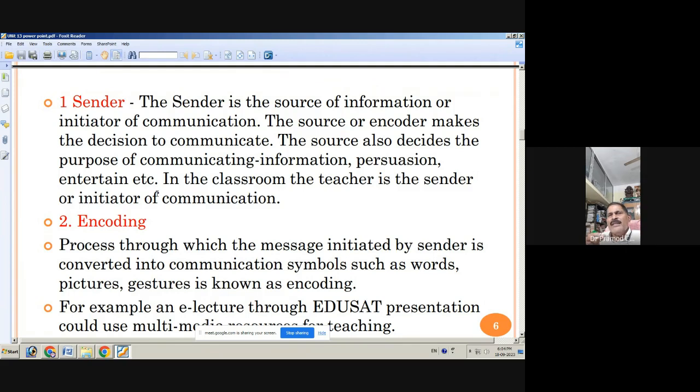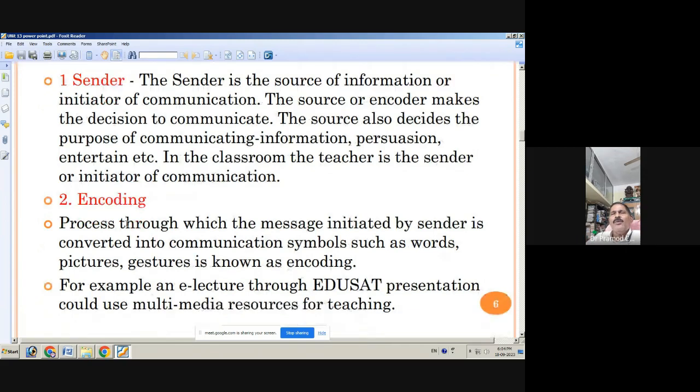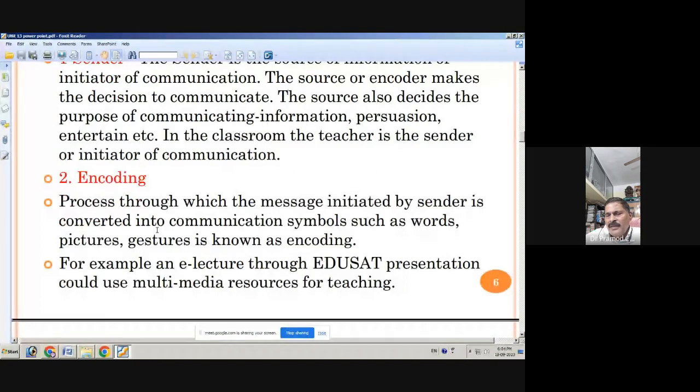But while initiating, there should be the encoding. And you know that when we are concerned with the encoding, then definitely we have to use this process through which the message initiated by the sender is converted into communication. I want to provide some sort of message to others.